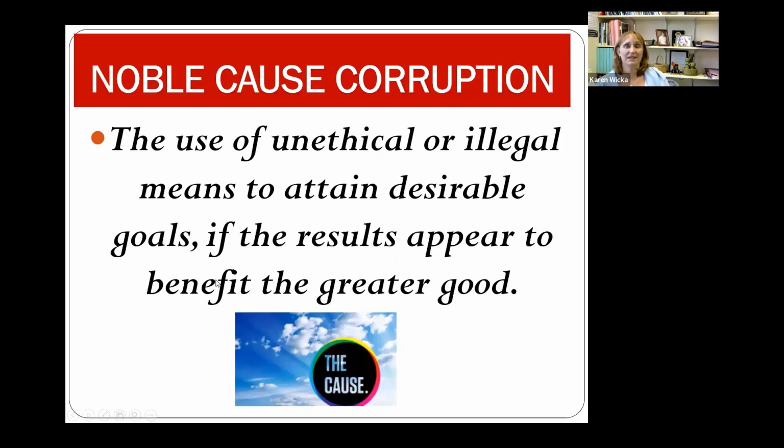A lot of times they can get sucked into what we call noble cause corruption, which we have talked about with policing. The idea that, okay, it may be okay to violate some ethical rules and my duty to seek justice as long as it's for the greater good. I really know this person's bad and I really want him to be put in jail.